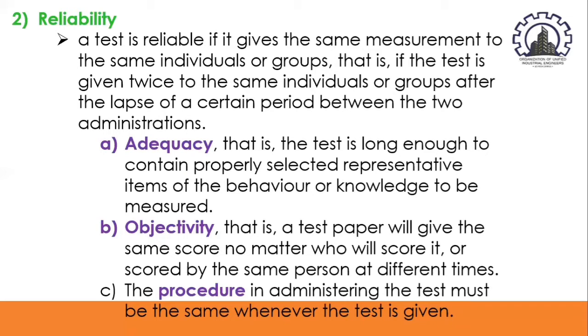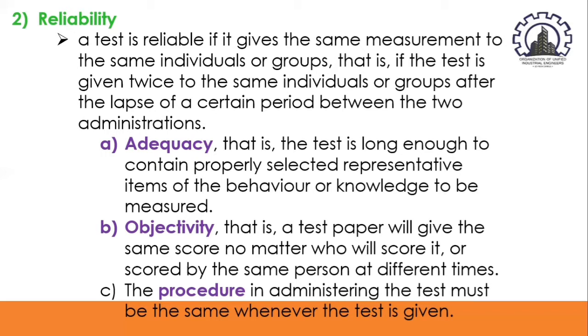For example, if a test is conducted and the mean is 75, and after a certain period, the same test is given to the same group and the mean is also 75, then the test is reliable. Also, if an individual obtains the same score or about the same score in the second administration, the test is reliable still. Now, some factors that make a test more reliable are: first, we have adequacy.